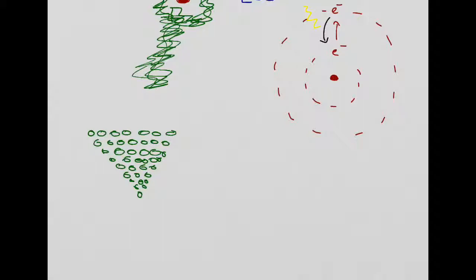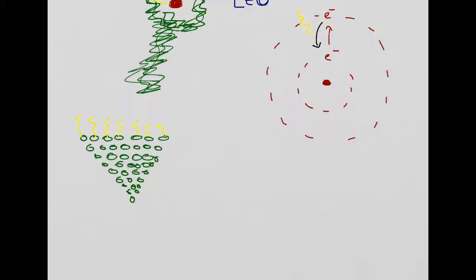Okay, we have light coming in and striking each of these pigments. And when light strikes these pigments, as you know, we excite an electron. So over here in our model, we imagine the metal ion, or the metal atom within our pigment. Our electron gets excited, it bumps up to a higher energy state, and then as it falls back down to a low energy state, it emits a photon.